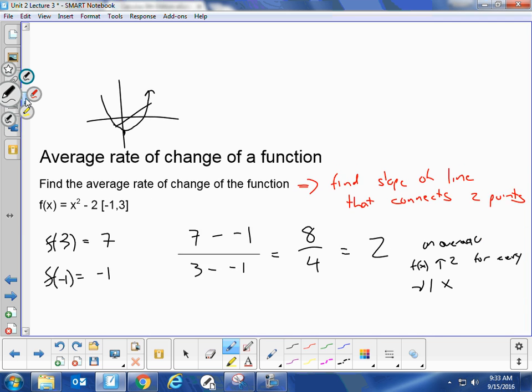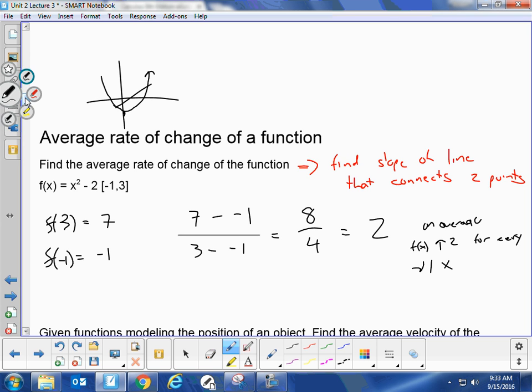What we're going to get to is, how do we know what's going on, say, just at -1? How do I know what's going on just at 1? How can I tell if my function is going down or going up, and by how fast is it going down and up at a specific location?